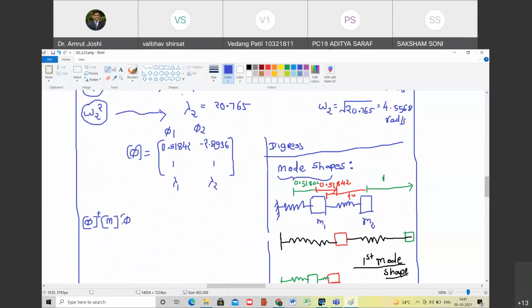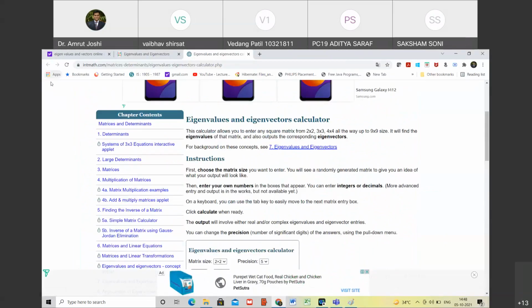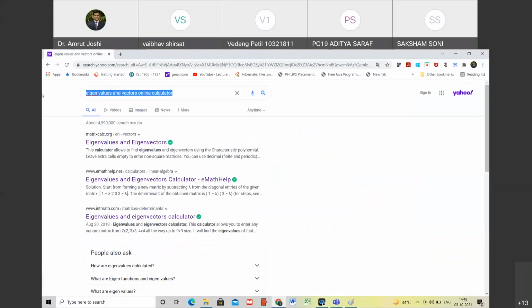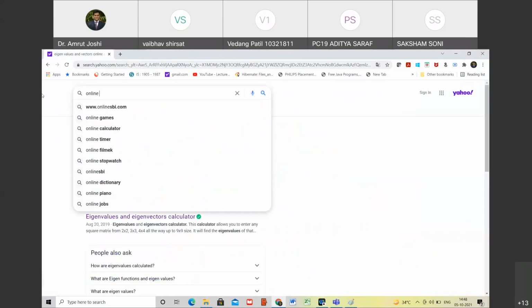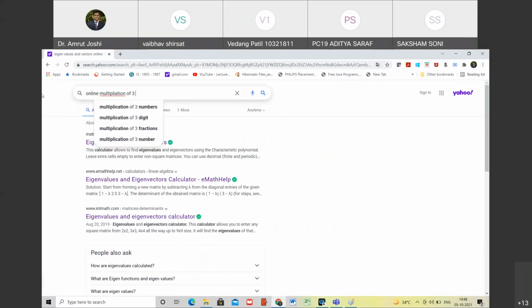Okay. So let us compute this matrix. So how do I compute that? 1 minute. Let me see, can we have online multiplication of 3 matrices?